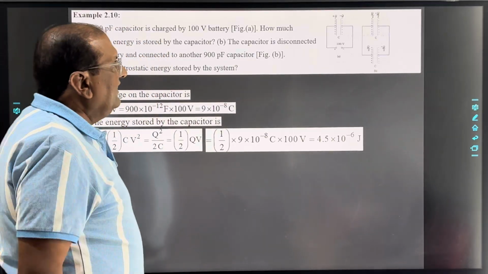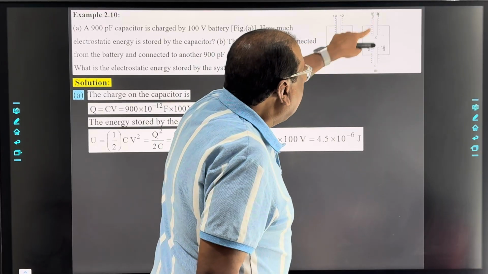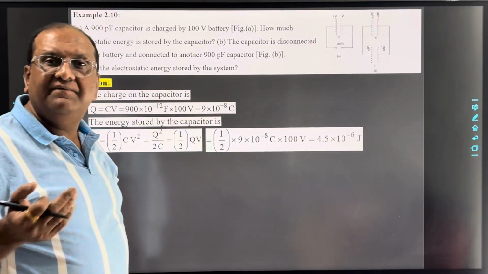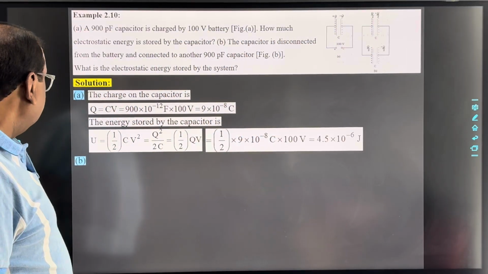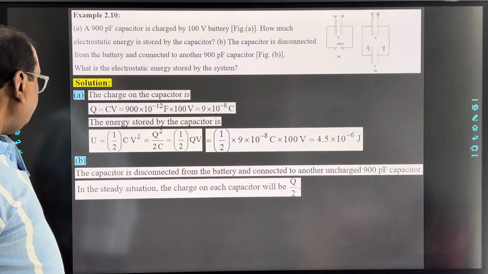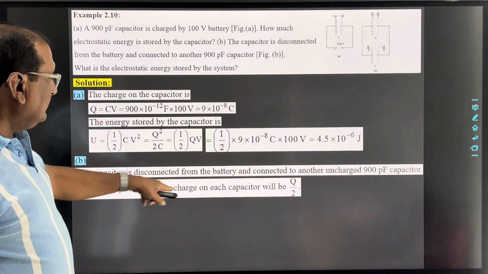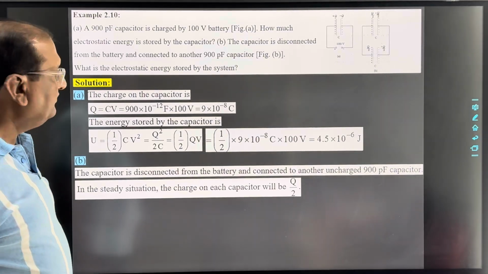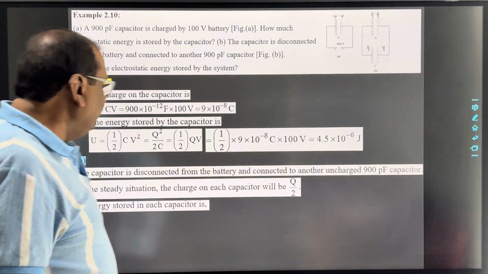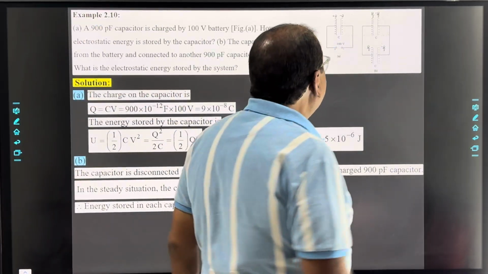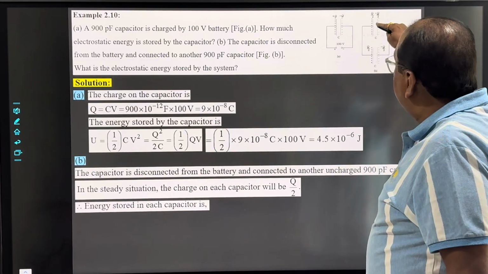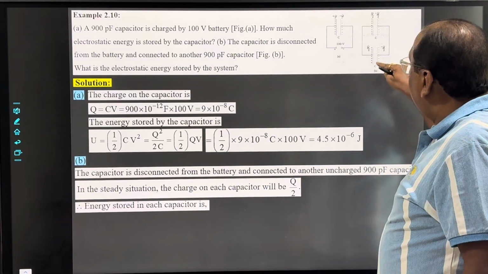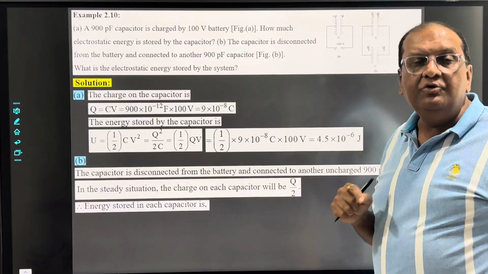So first we calculate the energy stored in each capacitor. In the steady situation, the charge on each capacitor will be Q by 2. So the energy stored in capacitor 1 is U1, and in capacitor 2 is U2.